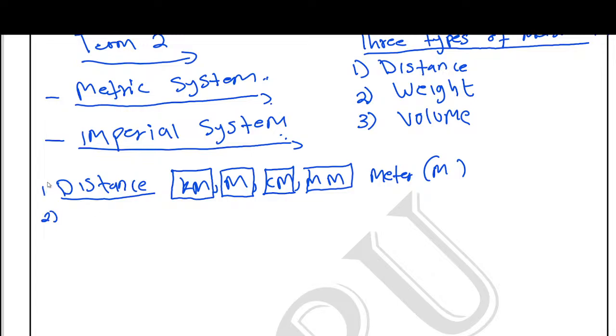Number 2, we talk about weight. In weight, they are not using kilometers, they are not using millimeters. For example, everything that is solid, you can think about anything. I want to give you an example with butter.